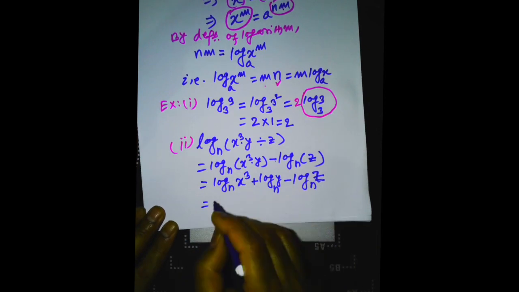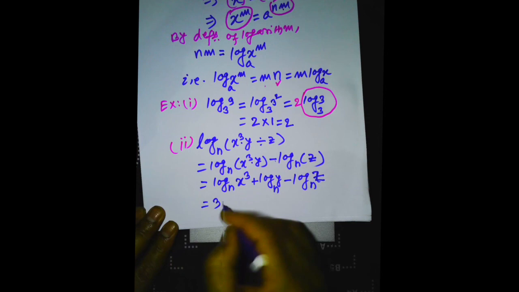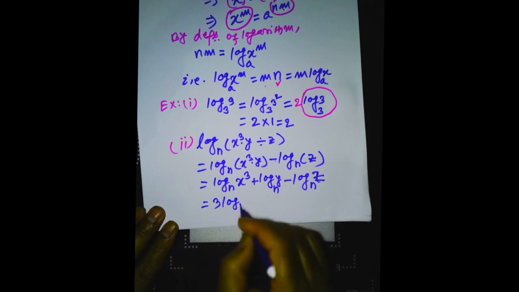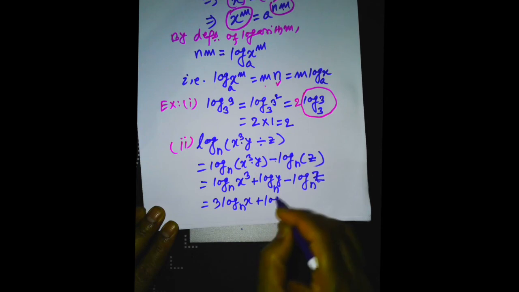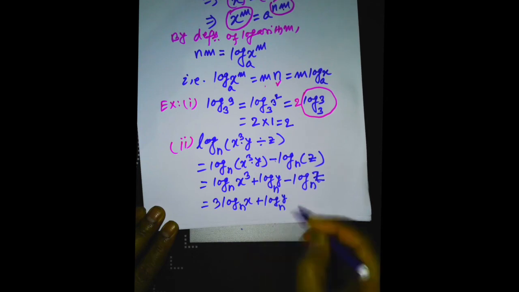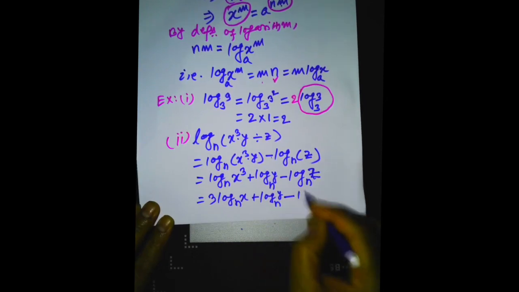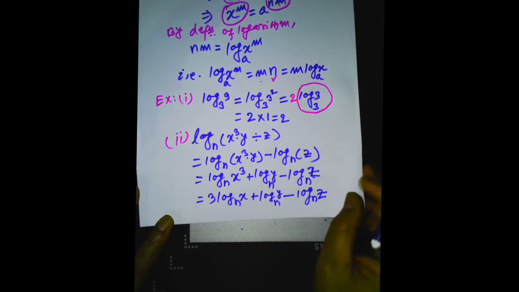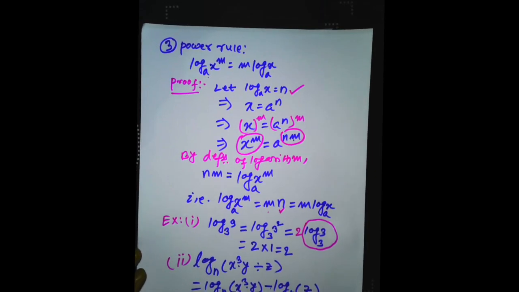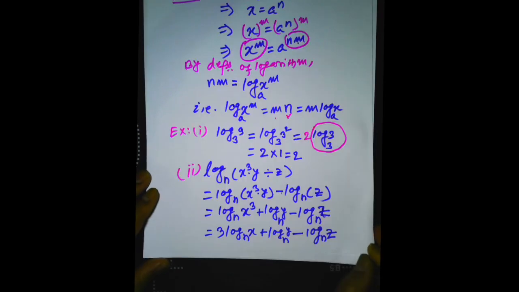When you apply the power rule, the power comes in front: 3 times log to the base n of x, plus log y base n, minus log base n of z. In this way we apply the power rule, product rule, and quotient rule for the logarithm to the problem.